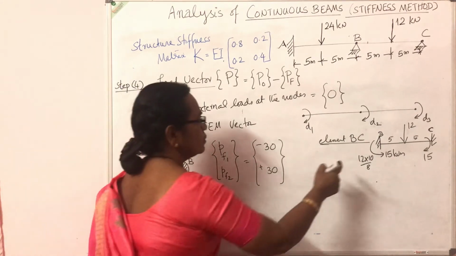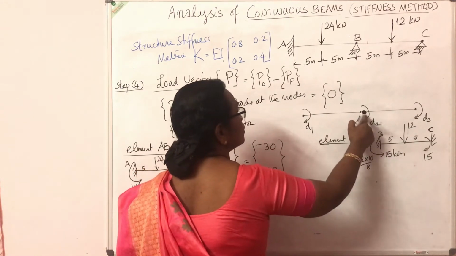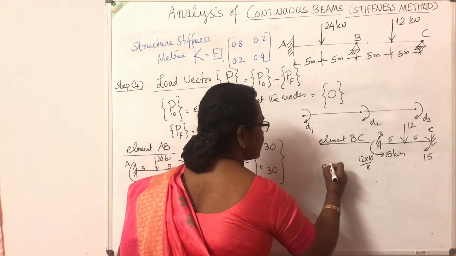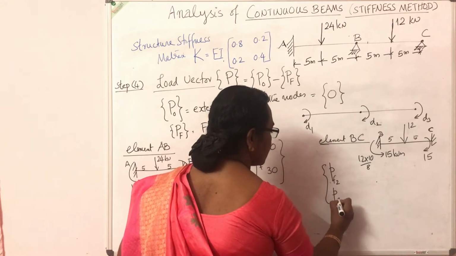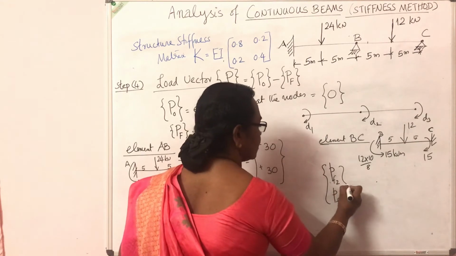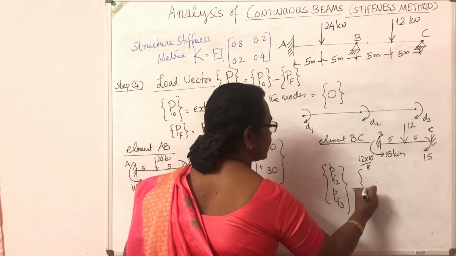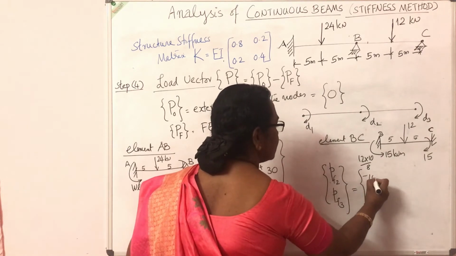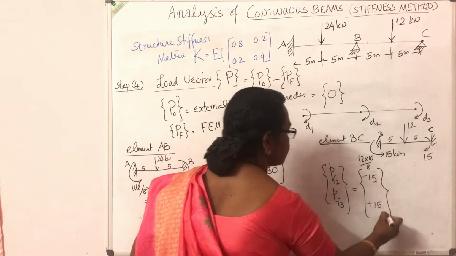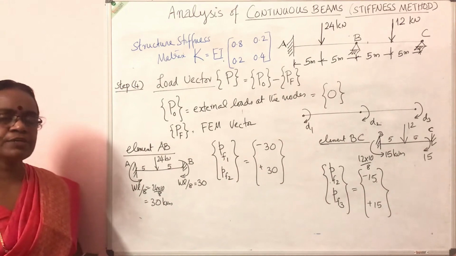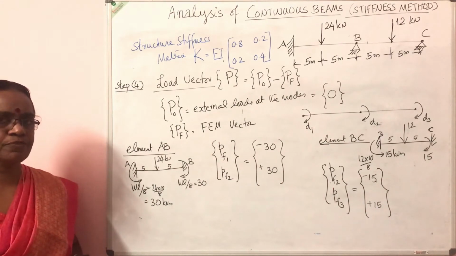So the fixed end moment at point B corresponds to 2. So the fixed end moment vector for the element, pf2 and pf3 corresponding to 2 and 3, is minus 15 and plus 15. So these are the fixed end moment vectors for both of these elements.